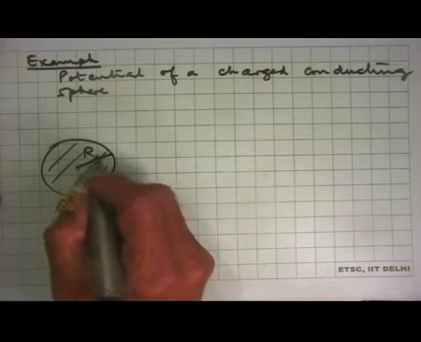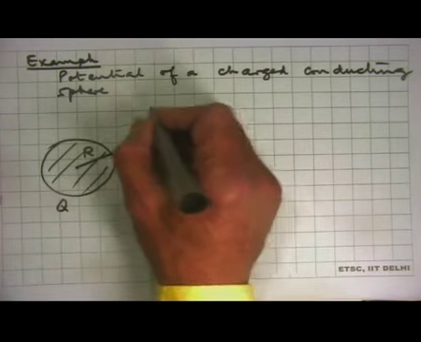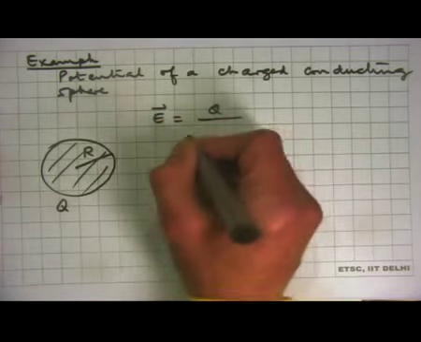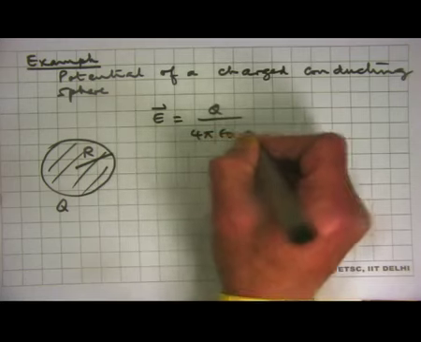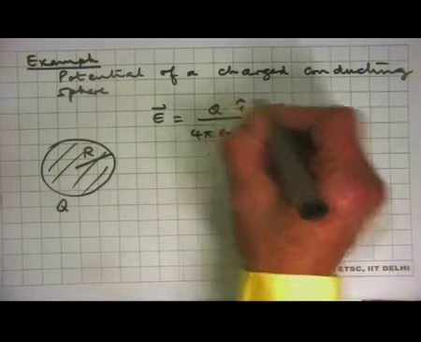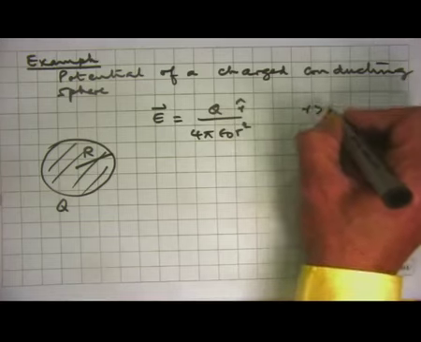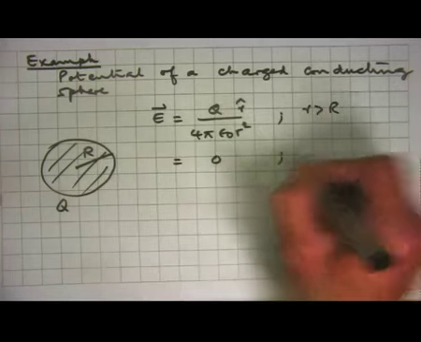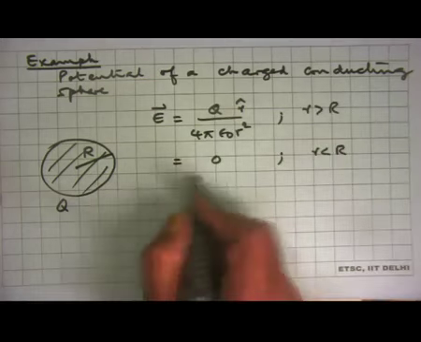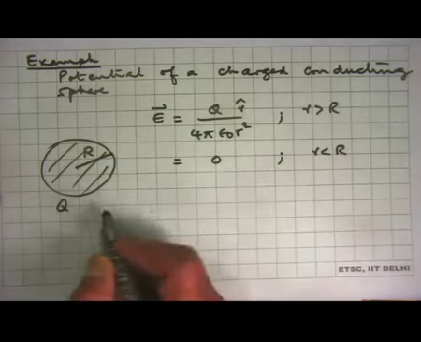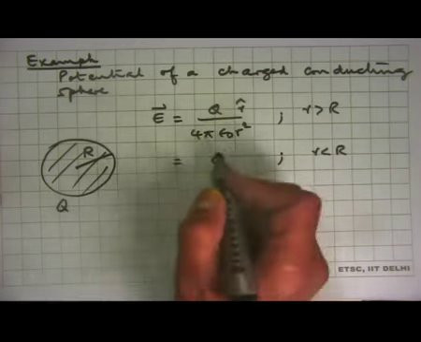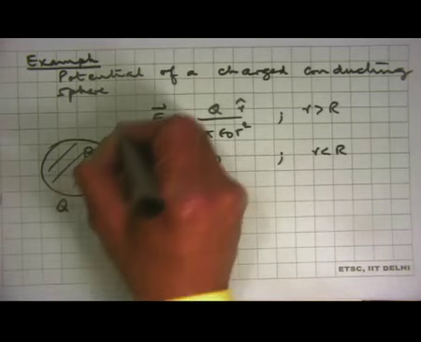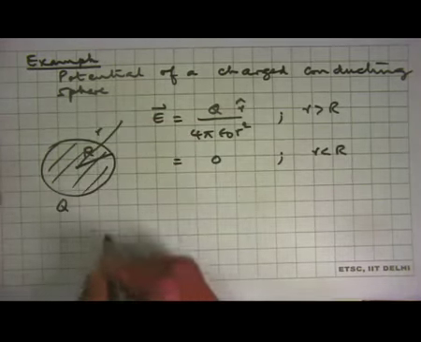Inside the conductor the electric field is 0. So, the electric field is q by 4 pi epsilon 0 r square into r cap for r greater than R, which is equal to 0 for r less than R. No electric field inside the conductor, and outside an electric field of q r cap by 4 pi epsilon 0 r square, where r is the distance of any point from the center.